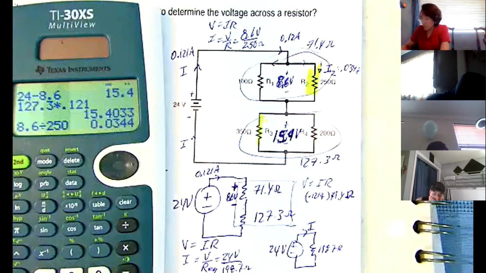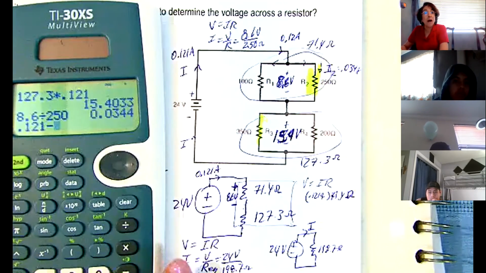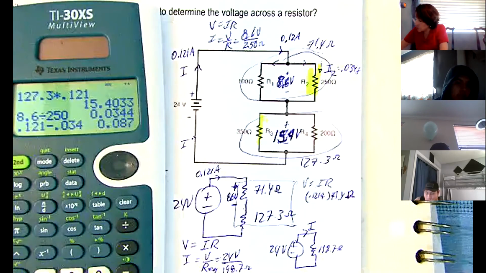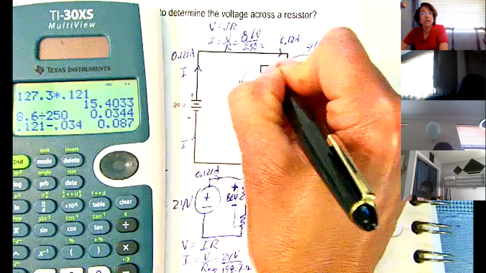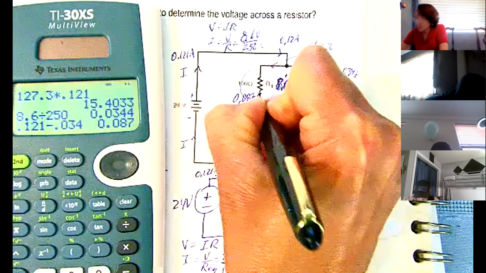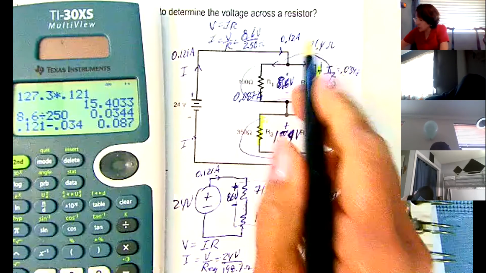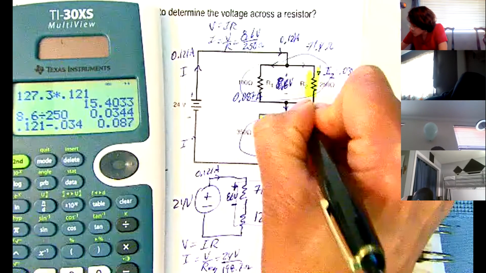Let's do that. 0.121 minus 0.034. Okay, so this tells me that I've got, going through this resistor, 0.087 amps. Because when they add up together, they'll be 0.121 again. So right here, it's back to 0.121.